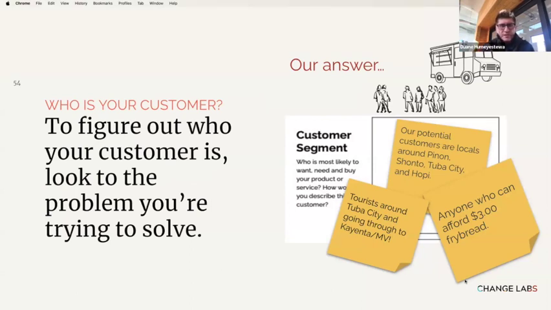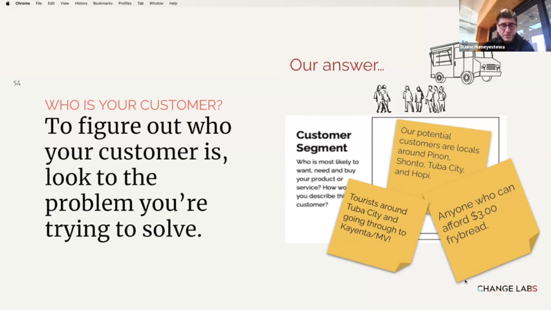So our answer in response to this is that customer segment, all the potential customers, say for the Pinion Fry Bread Truck idea, is to look at who the locals are first, and really flesh out what it means to go after that customer base right there in the heart of Pinion. So if it's called the Pinion Fry Bread Truck, you take that idea and go out into the community in Pinion and ask around and find out who actually is going to buy the products that you're offering.